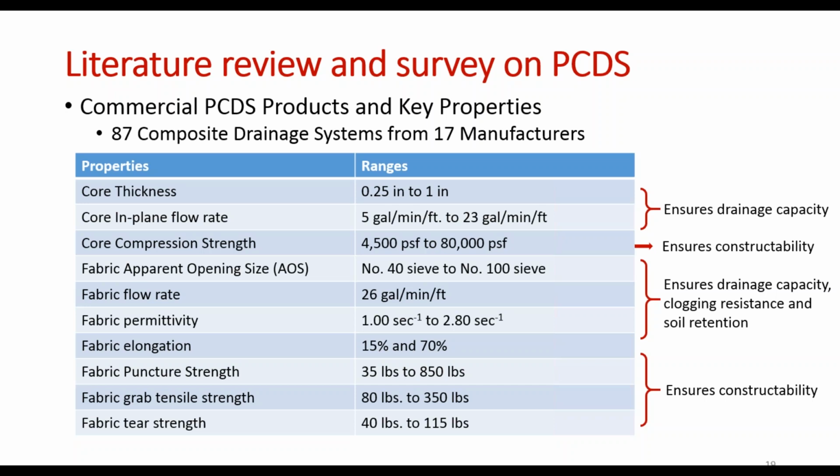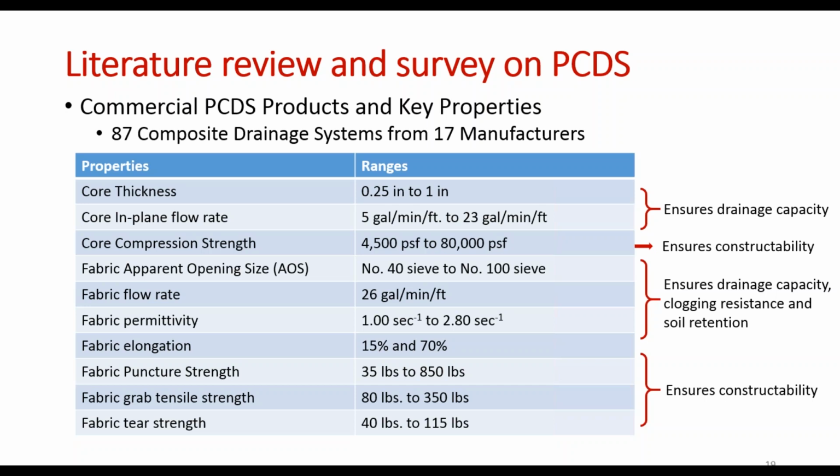So the core thickness and the core in-plane flow rate will ensure the drainage capacity. That will tell you what drainage capacity you can expect from that product. The core compression strength will ensure that the core will not be damaged during construction or during service. Regarding the fabric, there are more parameters, but these can also be grouped into two categories.